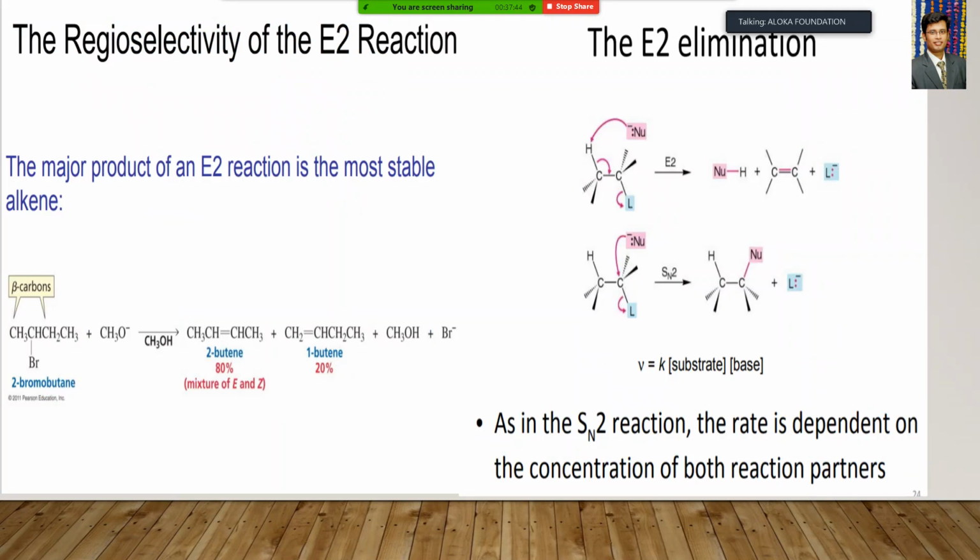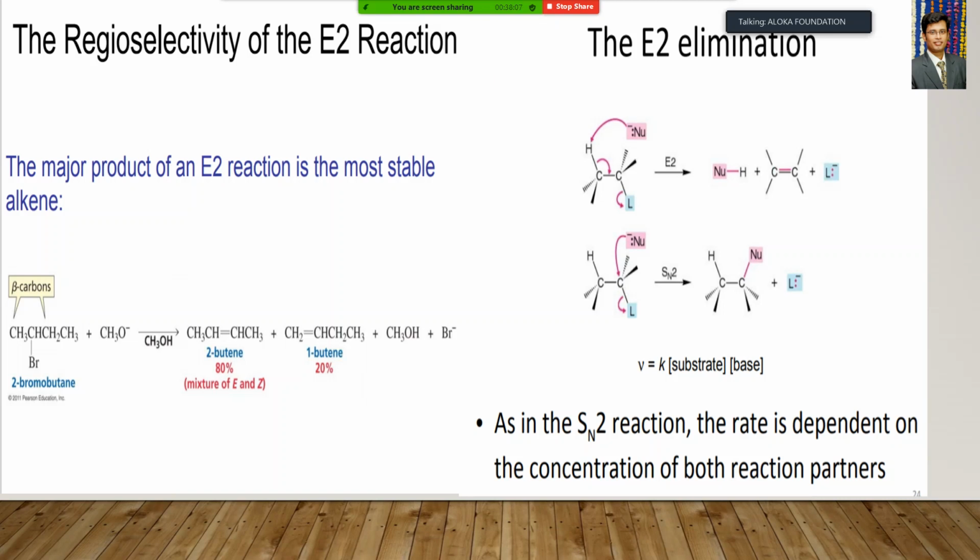Similarly, as I said, regioselectivity means the more stable product will be formed. If there is a beta hydrogen on both sides, it will favor the product which is more substituted. So 2-bromobutane will give 2-butene over 1-butene.